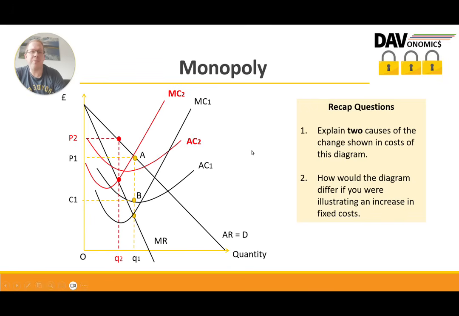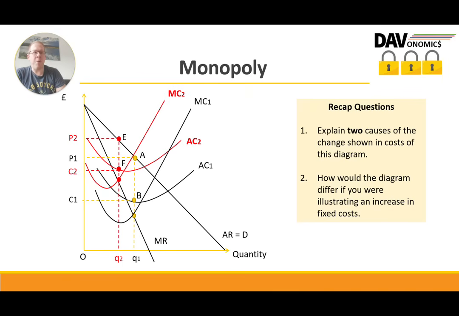Put your AC curve in. And then put some letters in. Now it's pretty confusing, but all you're doing is you've got the same starting point and you put in your new curve, find your profit maximisation point, find price, find cost, find your profit box. So it's quite complicated, but it's one they do test quite a bit.